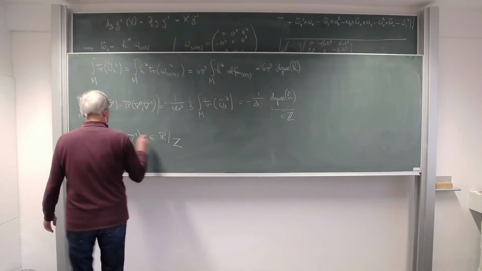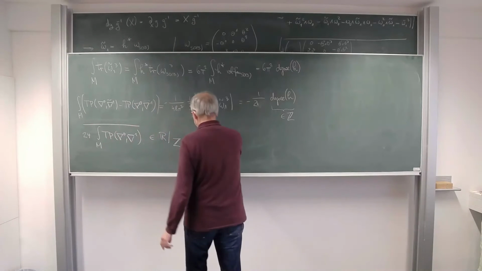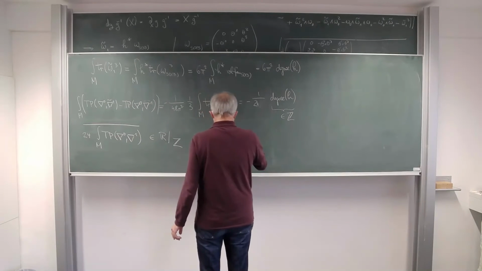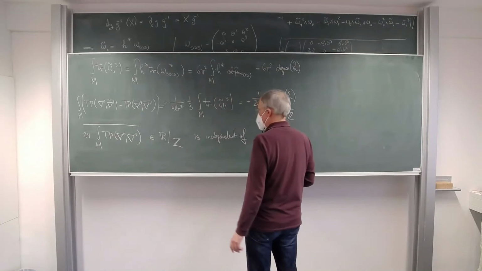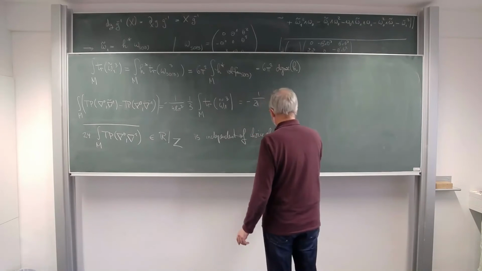So I take here the residue class of this number in R modulo Z. So this is independent of the choice of number one.